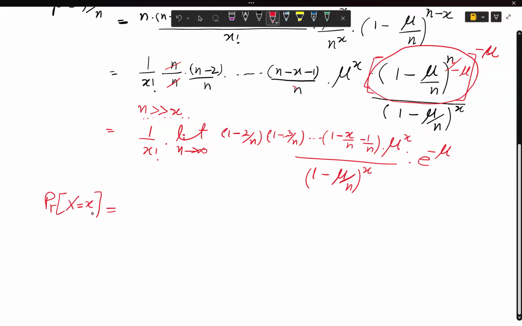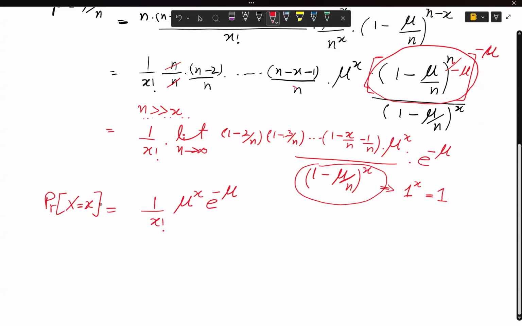P(X equals x) is then equal to 1 over x factorial, mu raised to the power x, and e raised to the power minus mu. And this part is also reduced to 1 raised to the power x, which is equal to 1, because in this problem x is an integer, so we have no problem in writing this as equal to 1.